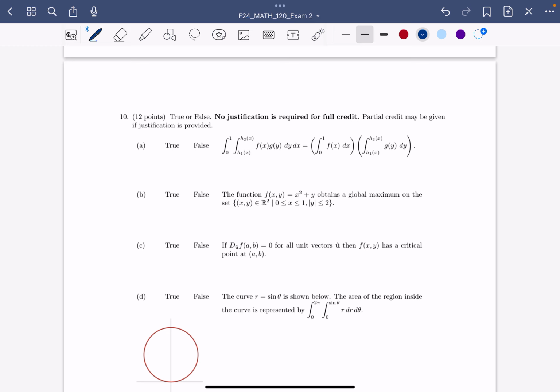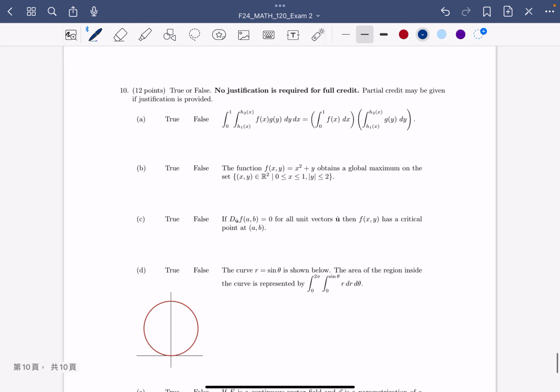You don't have to write your justification, but again, I would encourage you, if you have time and have checked other problems previously, then you could try to write down your justification, so that you might still get some points if you don't get the answer correctly.